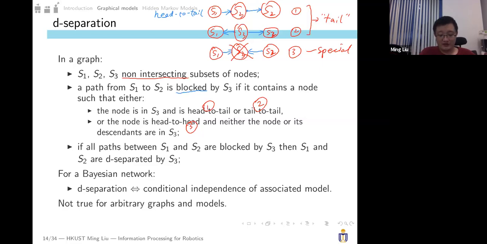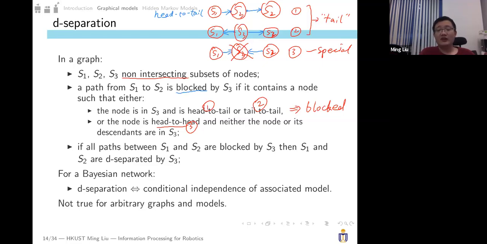For the third case, neither the node nor its descendants, the children or children of children, are in S3, then this is called blocked.